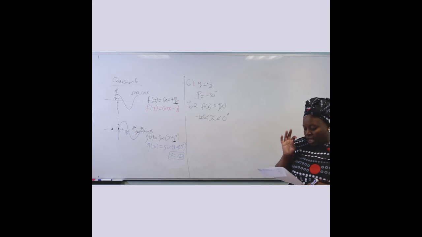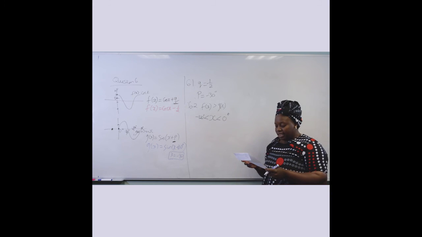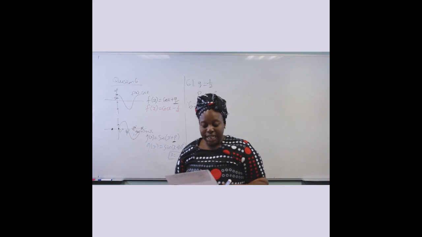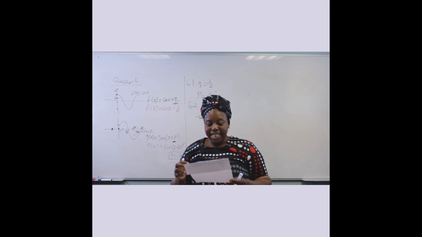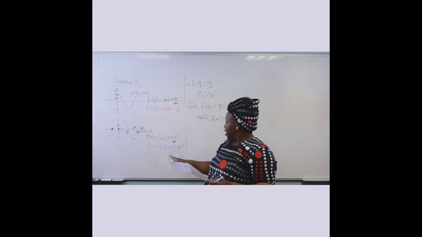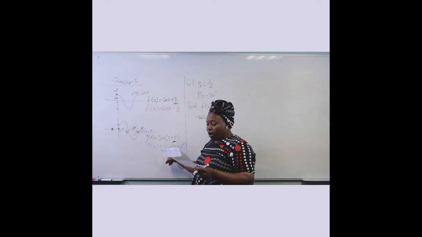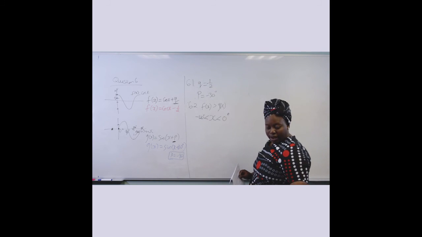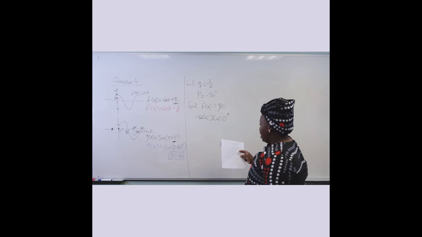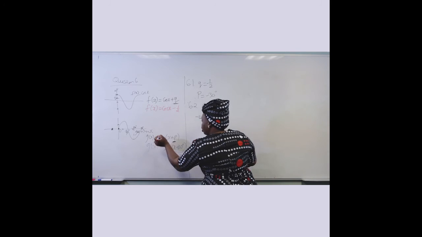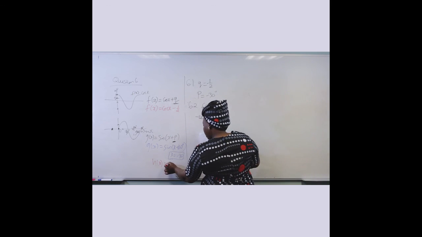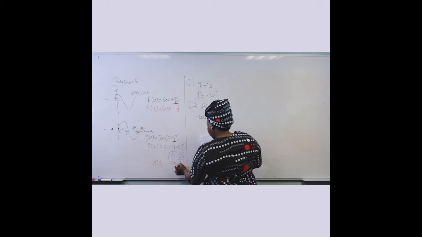And the last question says to describe a transformation. Now you have to say what happened. Describe a transformation that the graph of g undergoes to form the graph of h, where h of x equals negative cos x.